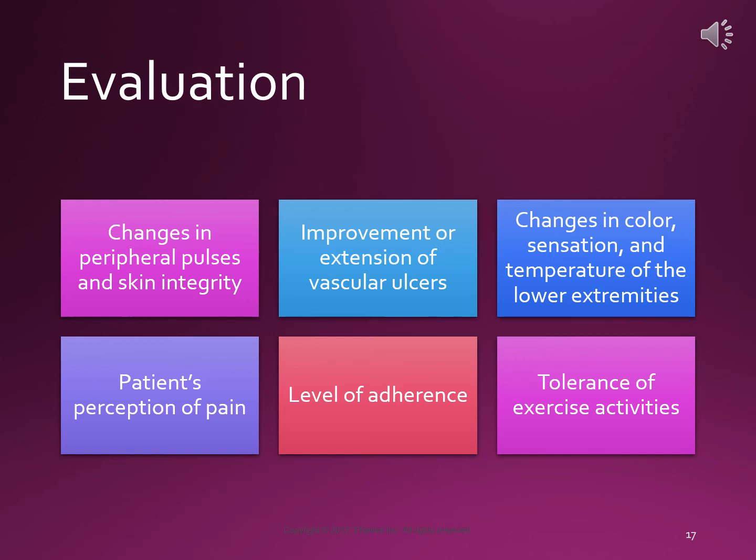Are they able to walk a little bit farther without pain these days? Do you see that they're adhering to the changes that you're trying to make in terms of diet and medication, smoking cessation, and activity? And then also, how are they tolerating the exercise activities? Are they able to progress with them, go a little farther, or is this becoming a barrier for them?